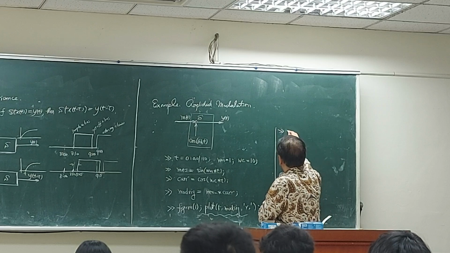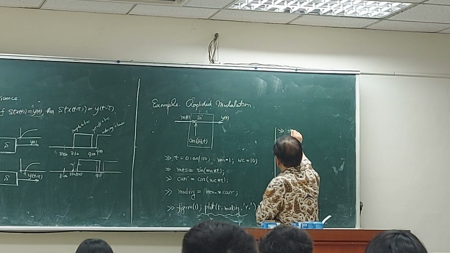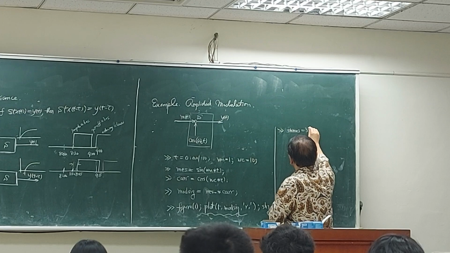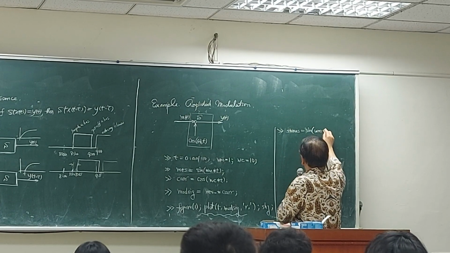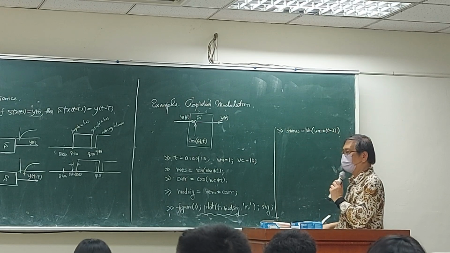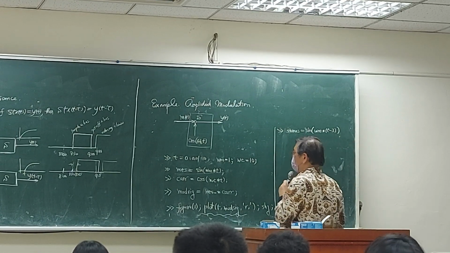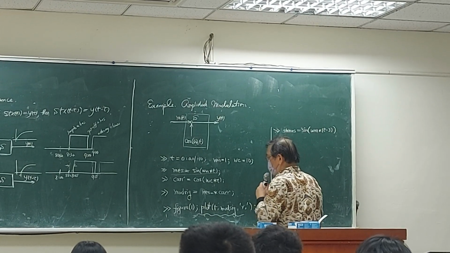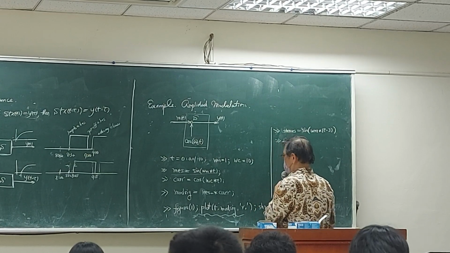So now let's shift the message. Message shifted is equal to sine of omega M times t minus 3. T minus 3, okay? So we shift the signal 3 seconds to the right. Actually, it's a delay. Okay, and once this is done, put another figure, and then plot.